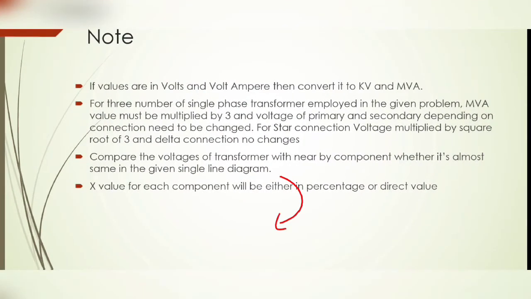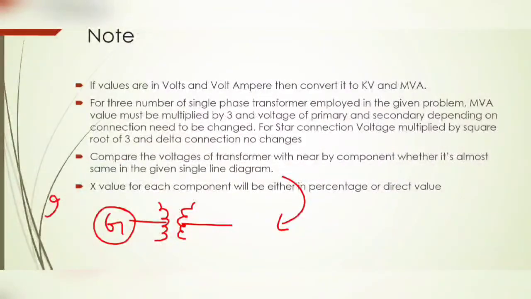Let me explain it clearly. Let us take a single line diagram with a generator and then a step up transformer. The voltage of the generator is 20 kilovolt and the transformer rating is 230 by 20 kilovolt, which is given in the problem.